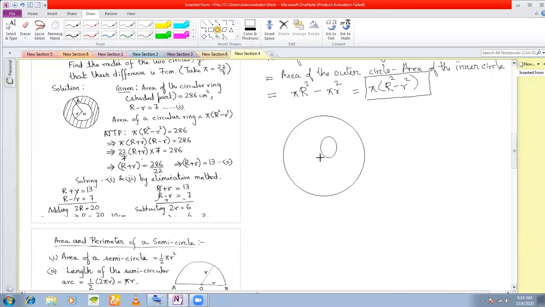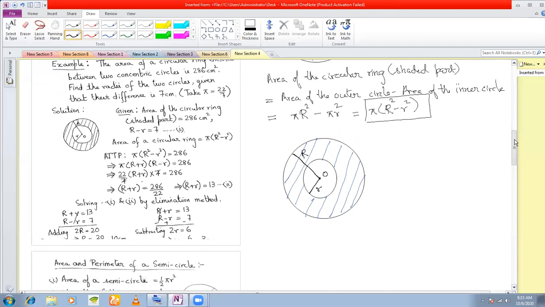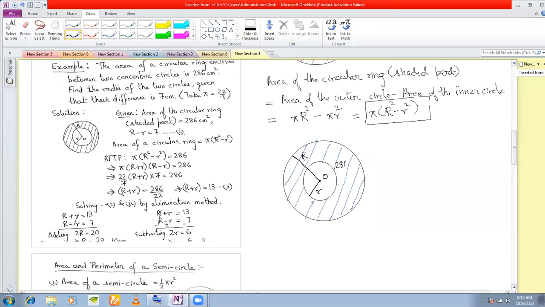Okay, so let's say you have two concentric circles with center O, and I call the outer radius capital R and the inner radius small r. We need to find the value of capital R and small r. Here, the area of this shaded part is given to you as 286 centimeter square.